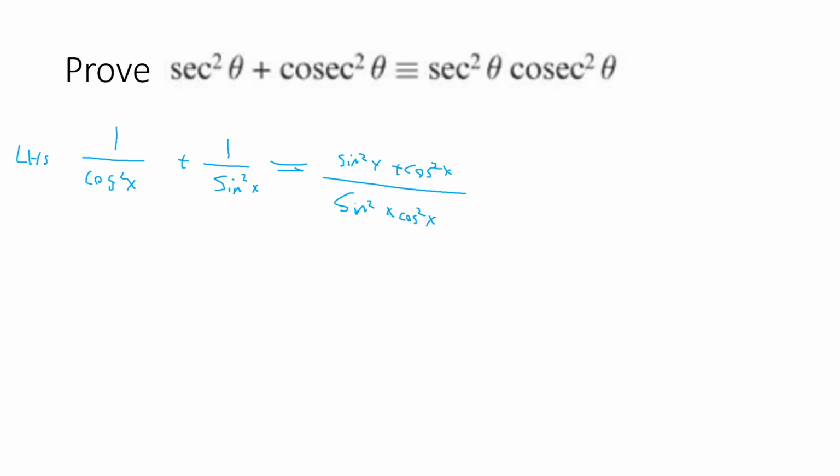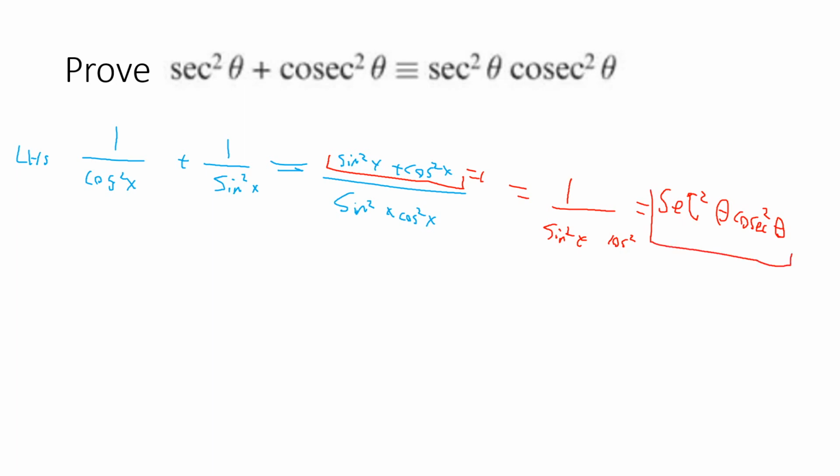Now, we know that sine squared x plus cos squared x is equal to 1. So this is the same as 1 over sine squared x cos squared x, which is the same as sec squared theta cosec squared theta. And that is your final answer.